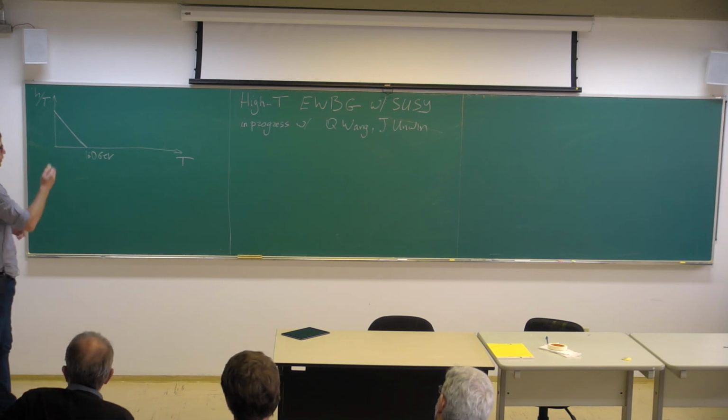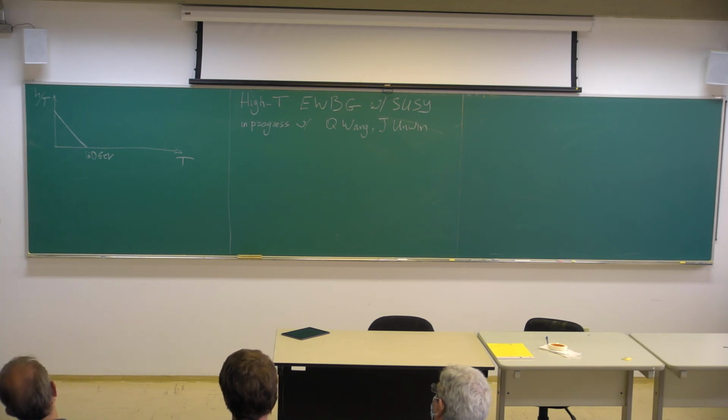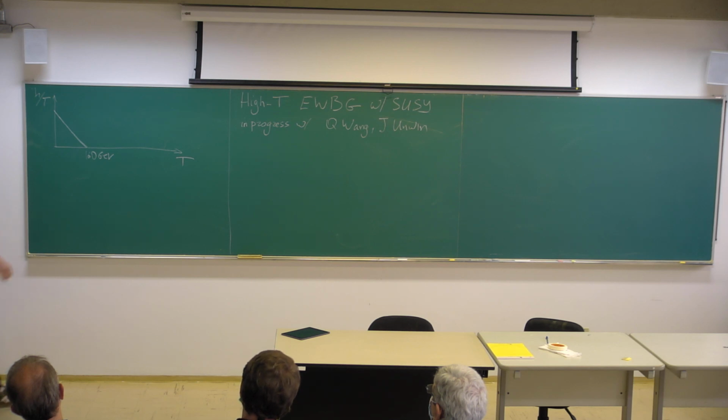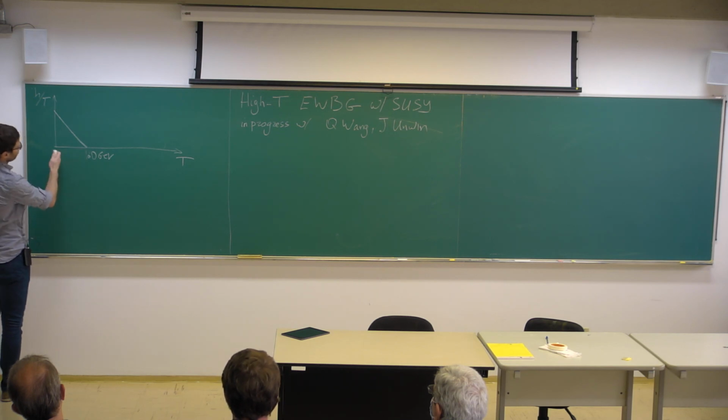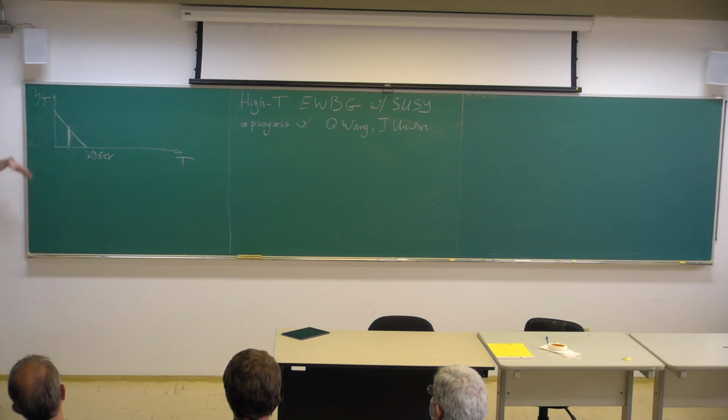So if you want to do electroweak baryogenesis, you need to add some new physics to change this. And this new physics has to kick in somewhere in this range of temperatures, let's say here roughly, such that you have a jump. So that's the first order transition. On top of that, you typically need some extra sources of CP violation to get this asymmetry in front of and behind the wall.